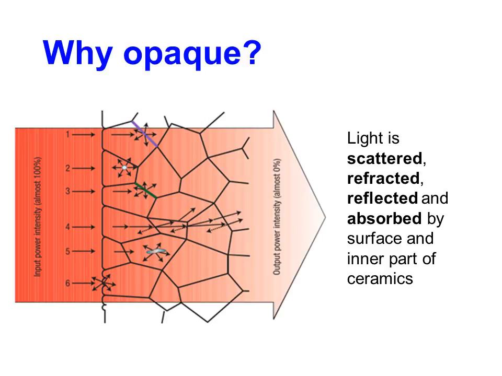So we need to control the sintering process to avoid all these defects. And if we eliminate all the defects inside or on the surface of ceramics, it is possible for ceramics to become transparent.